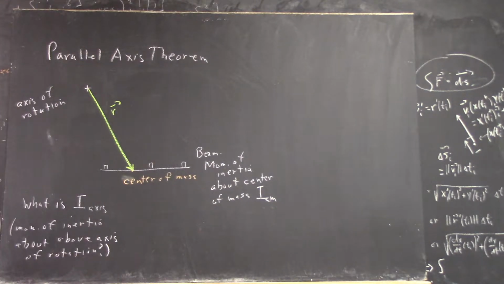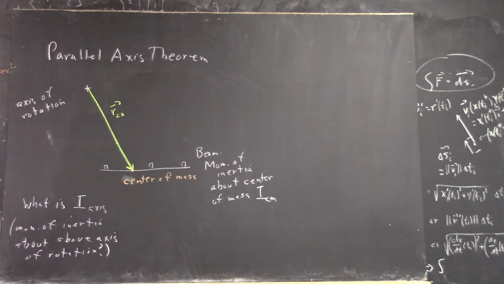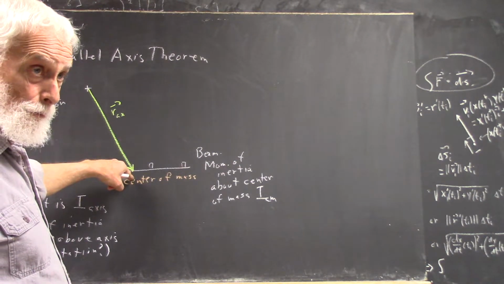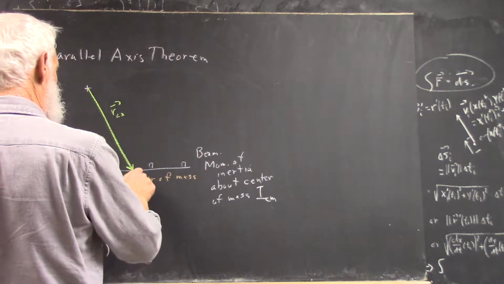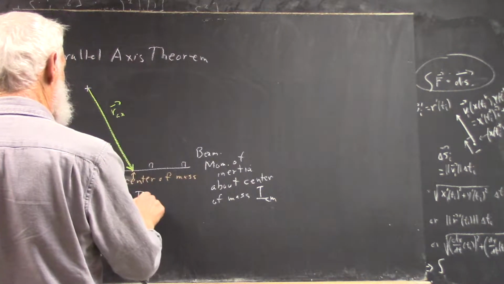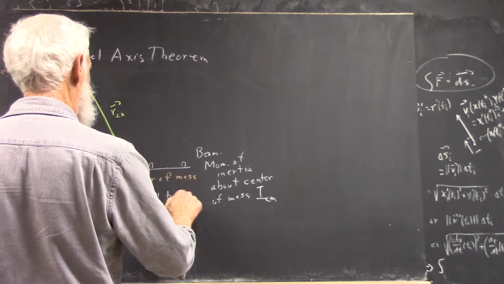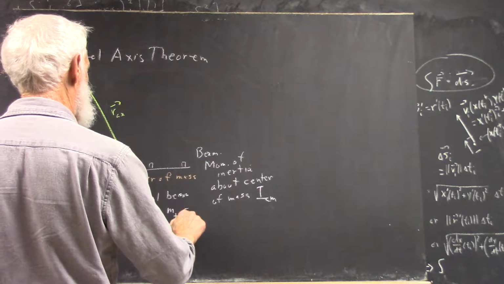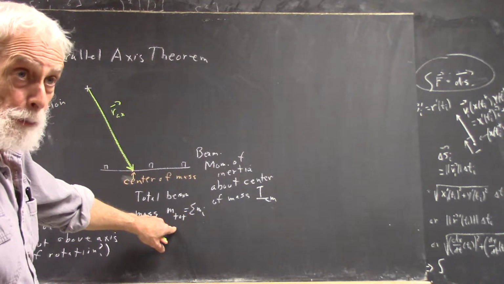Here's going to be your R vector relative to this axis. The R vector from here to the center of mass. Okay? Now, the total mass here, add up all your masses, total mass, right?